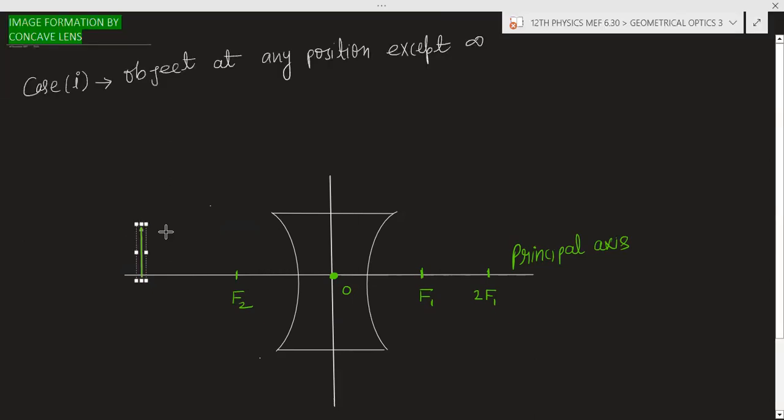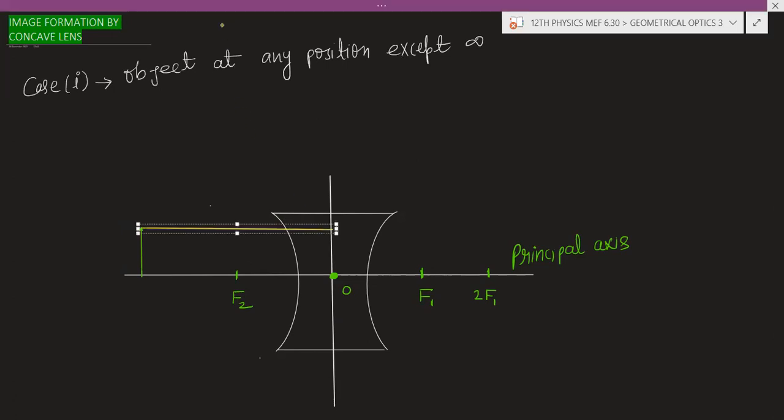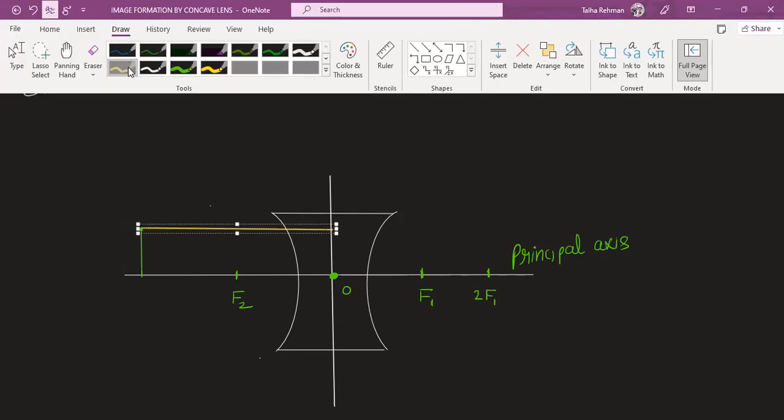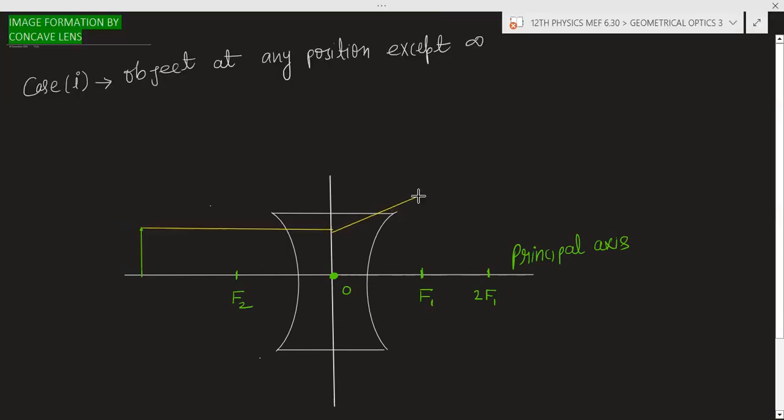Same thing I will do. First ray from this object is parallel to the principal axis. After passing from the lens, the ray will get diverged like this.